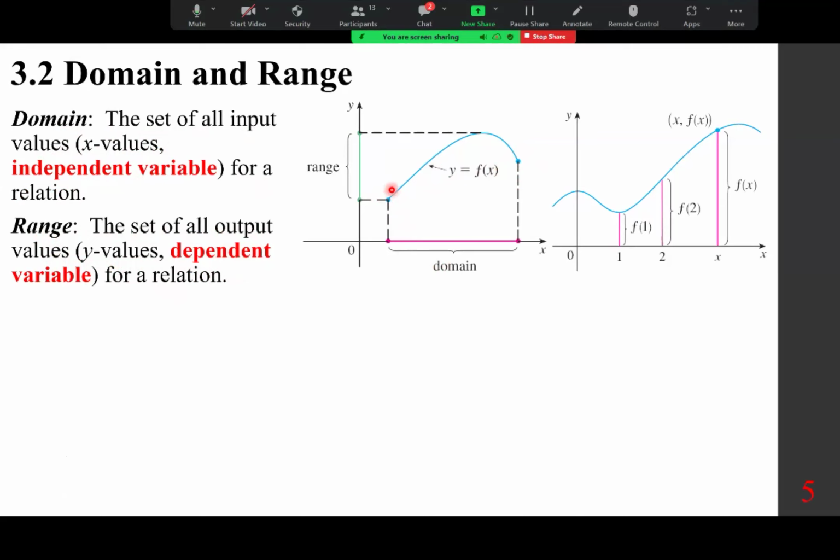So imagine if you were to put this along the x-axis, what portion of the x-axis will it cover? From here to here, that's the domain. Imagine if you could put it along the y-axis, what portion of the y-axis will it cover from here to here? That's the range.